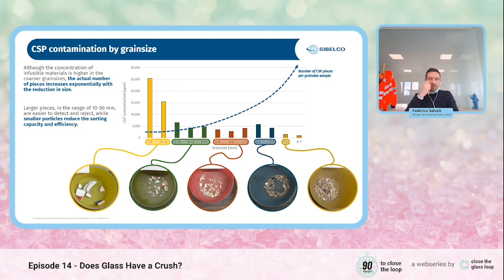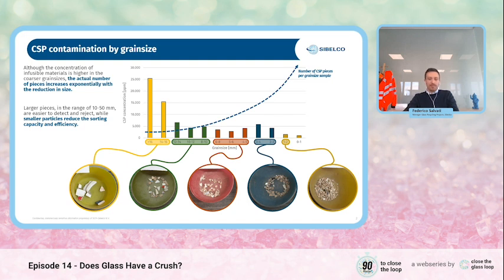If we have a look at the smaller fractions, we can see that the weight of the contamination decreases and reaches 3, 4, 5,000 ppm, depending on the country where the glass is collected, the collection point, the people's behavior and so on. But the number of actual infusible pieces increases exponentially.